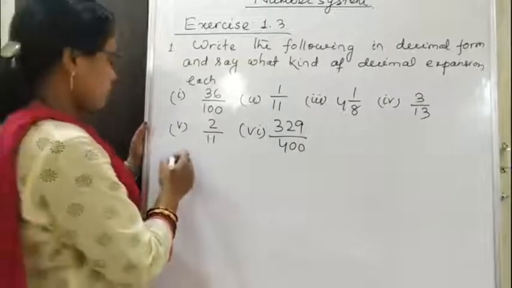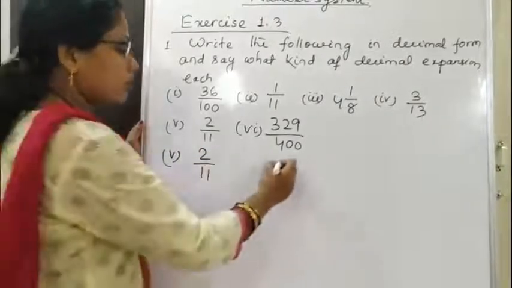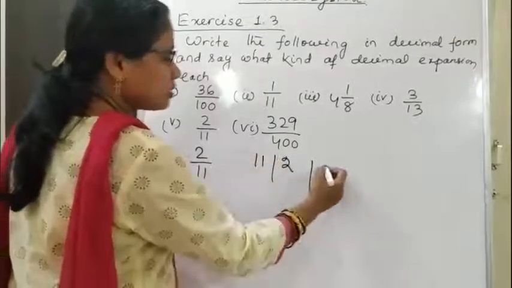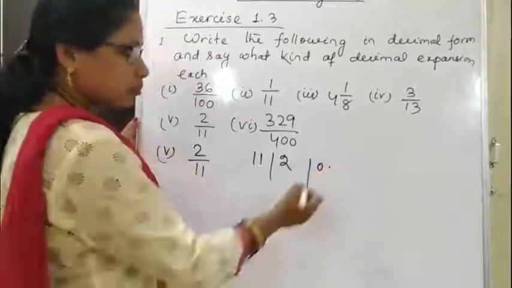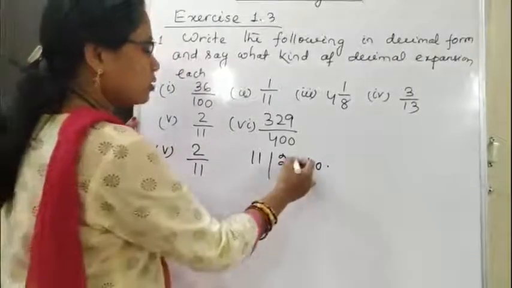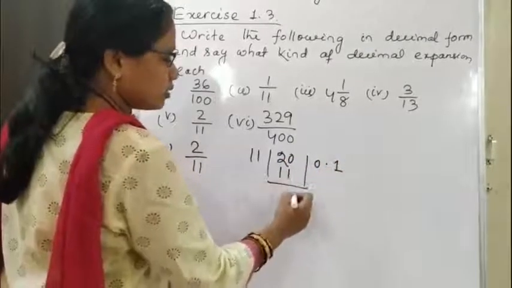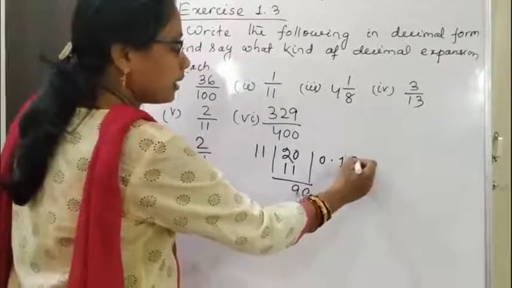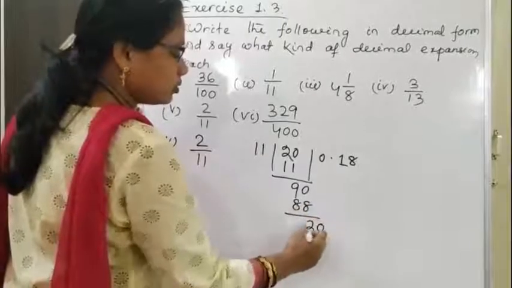Next number is 2 by 11. So we have to divide 2 by 11. As 2 is less than 11, here we put a decimal point. So again 0, 11 1s are 11. So this is 9, then 0, 11 8s are 88. Then 2, 0.